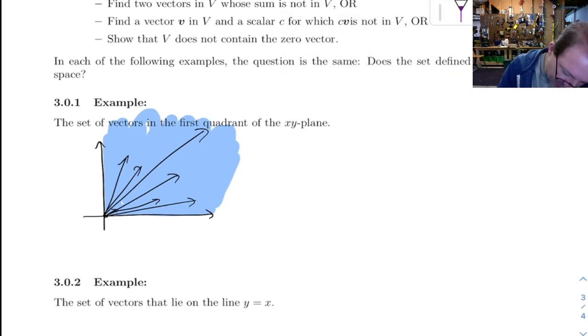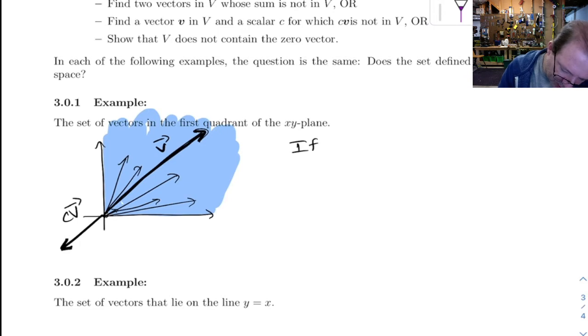The reason is, if you take any one of these vectors over here and multiply it by a negative scalar, if you call that v, and this is cv where c is negative, then that's going to point outside.